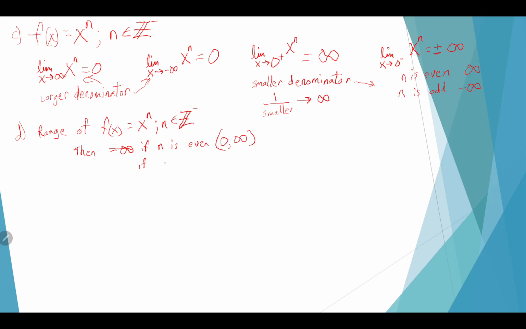If n is odd, we get negative infinity to 0 union 0 to infinity, right? We still can't be 0. 0 won't work. What was E?